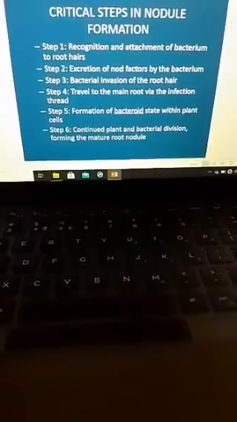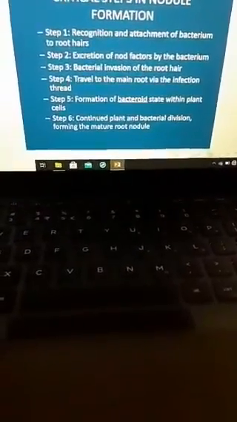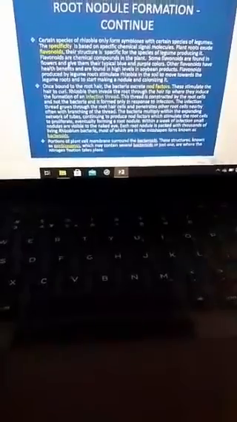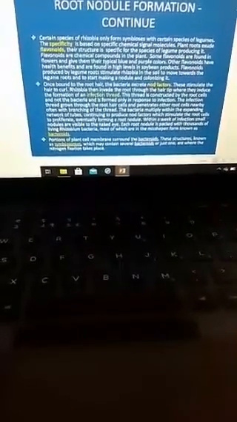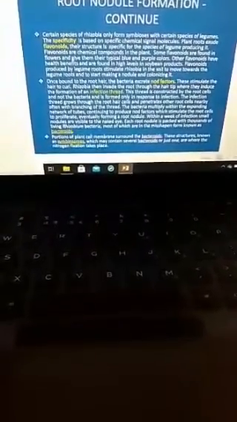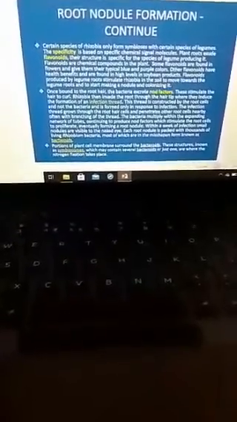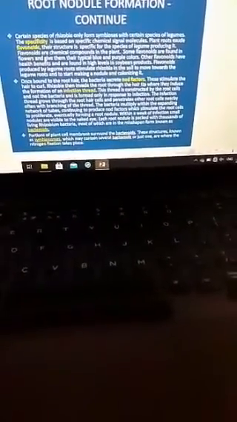So when a nodule is formed, it is formed, as I've already mentioned, as a result of a series of chemical communications taking place between the root of the plant and the bacteria. I've already mentioned the role of the flavonoids. The bacteria produce certain things called the nod factors.